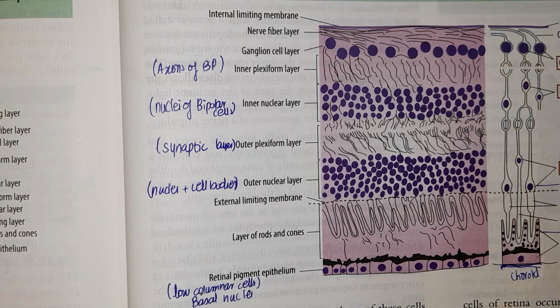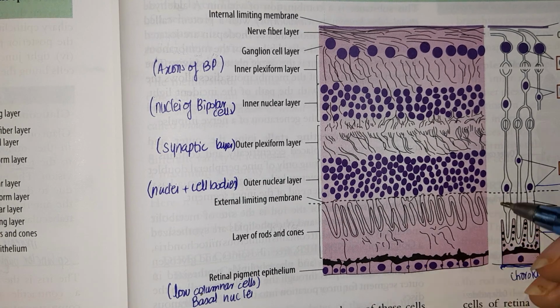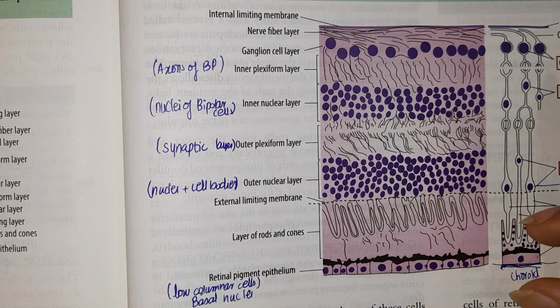The cytoplasm contains the Golgi apparatus, mitochondria, smooth endoplasmic reticulum, lysosomes and phagosomes. These cells are adherent to each other through tight junctions of the zonula occludens type. With that, we come to the end of the retinal pigment epithelium.